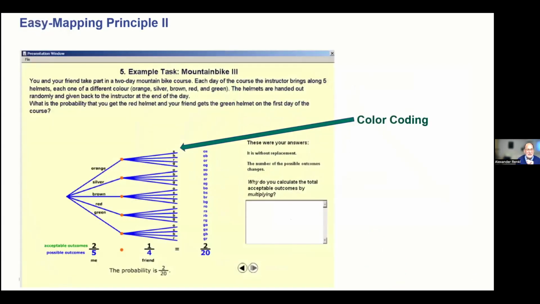Let me show this. It is very hard to make an integrated format here, because these 20 branches correspond to this 20 in the denominator. How should you make an integrated format? But you can ease mapping by color coding. I have here just a temporary picture of the screenshots.